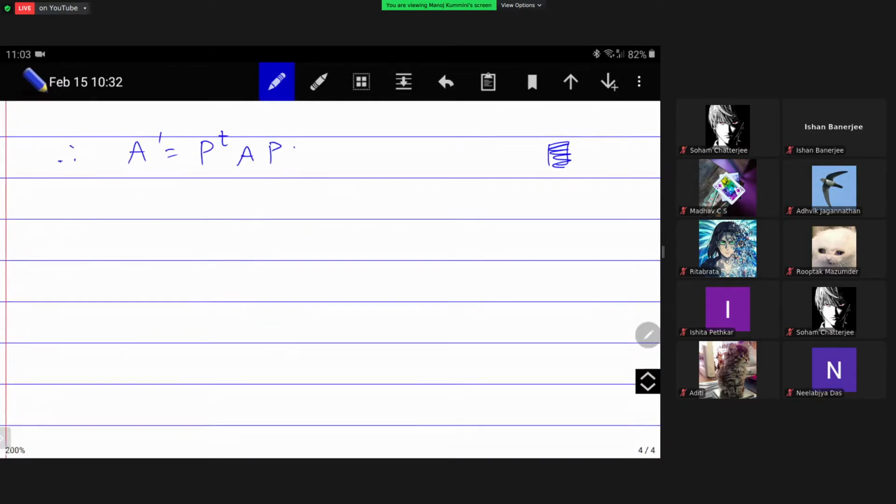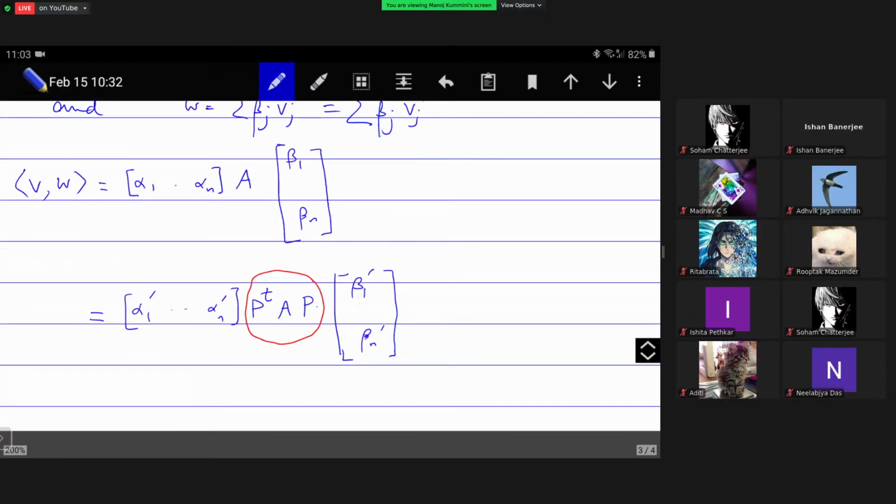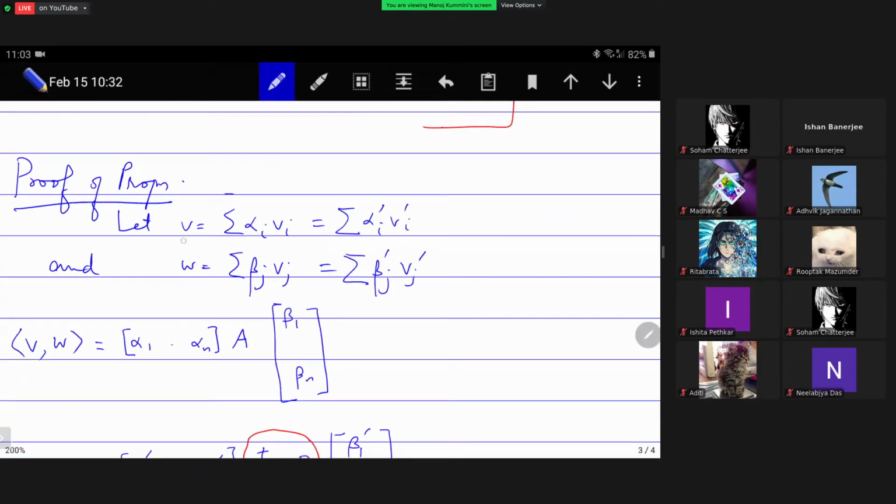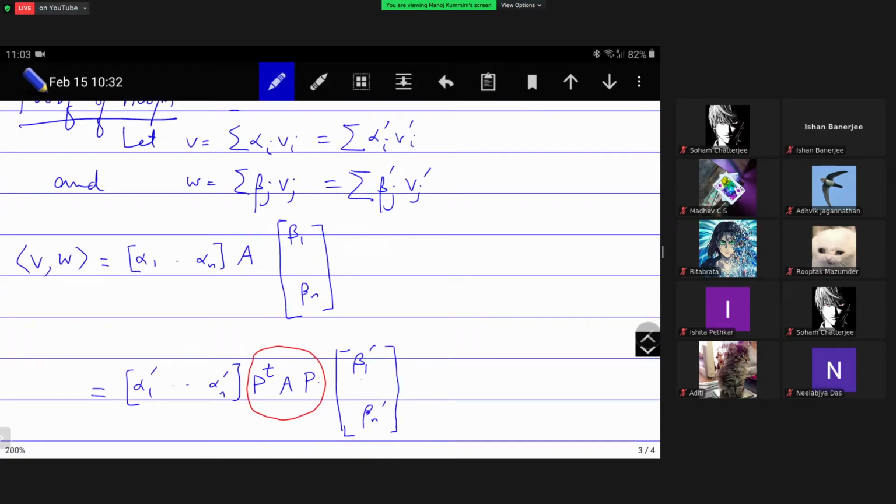Sir, if alpha into P into beta equals alpha into P prime into beta, does that imply that P equals P prime? No, there is no relation between alphas and betas. I mean, for an alpha vector and a beta vector, alpha into P transpose AP into beta equals alpha into A prime into beta.